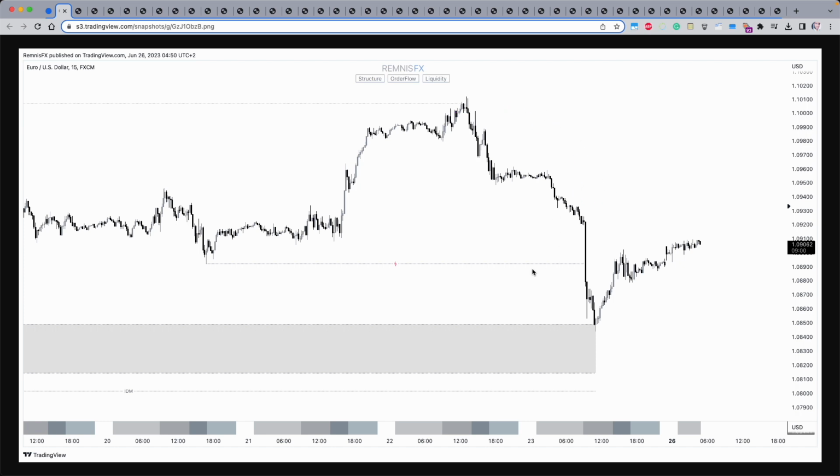At this point I noticed we had some liquidation of the most recent internal liquidity or inducement here, and price also retested this order flow, or POI, and showed a reaction from that area.